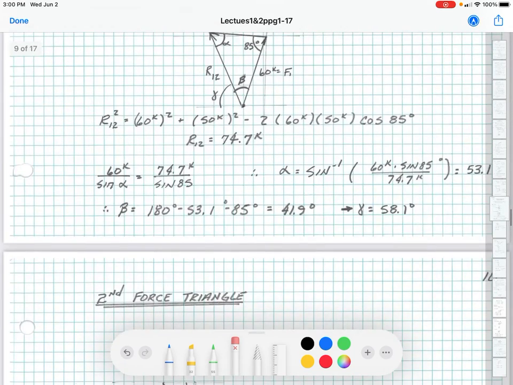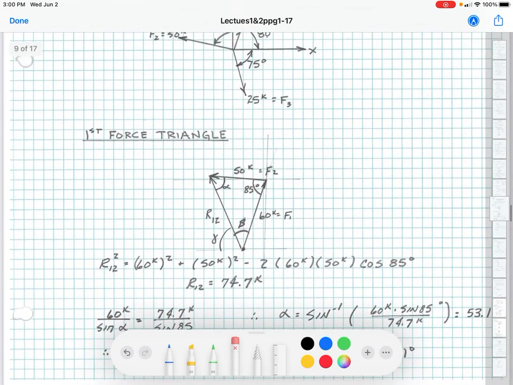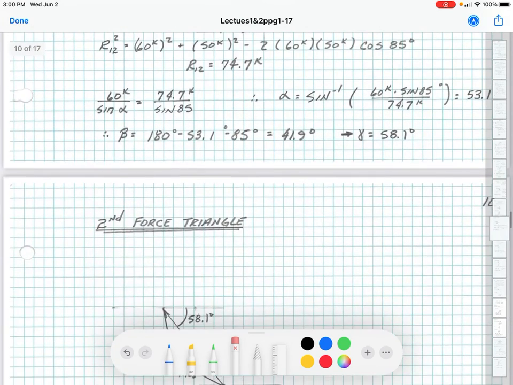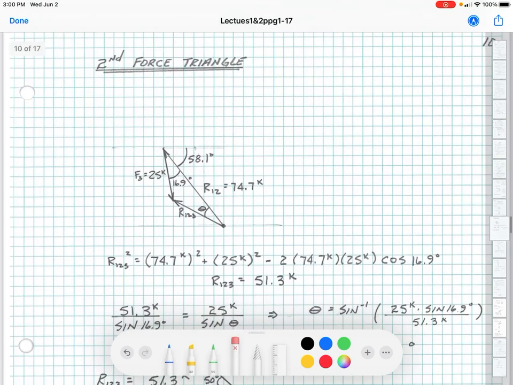And since we know that F3 is coming down at 75 degrees clockwise from the x-axis, then we know that this 58.1 plus this included angle has to be 75. Therefore, this angle inside becomes 16.9.